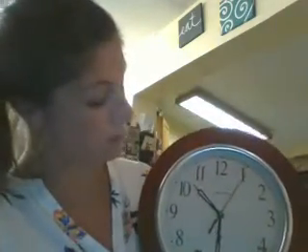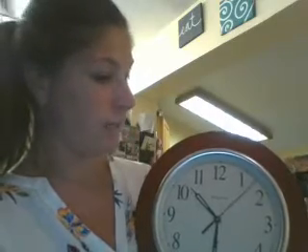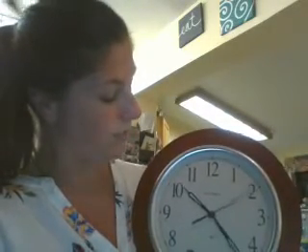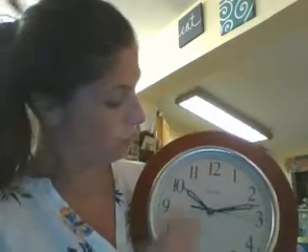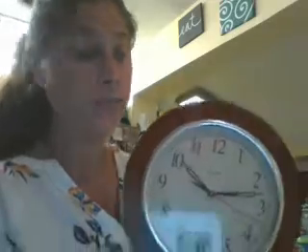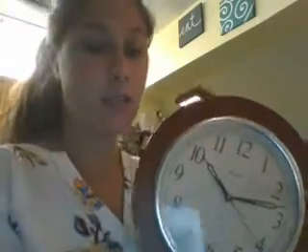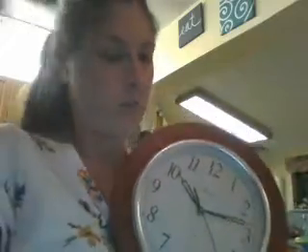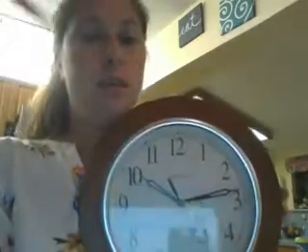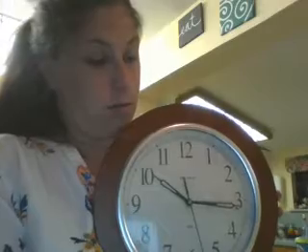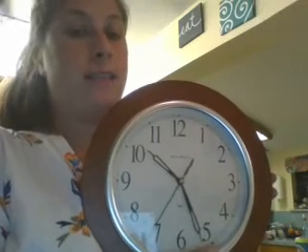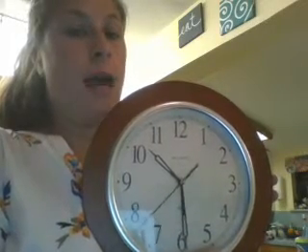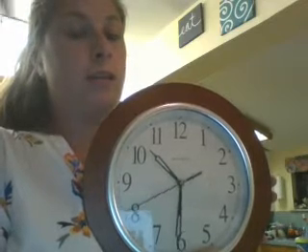So if I was to move the long hand, which is the minute hand, backwards a little bit, see how the shorthand is on the 10 directly? Now watch as I actually turn the long hand towards the 6. What do you guys see that is happening to the shorthand?